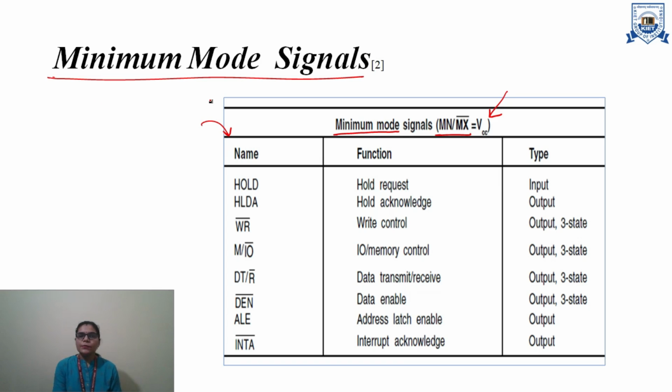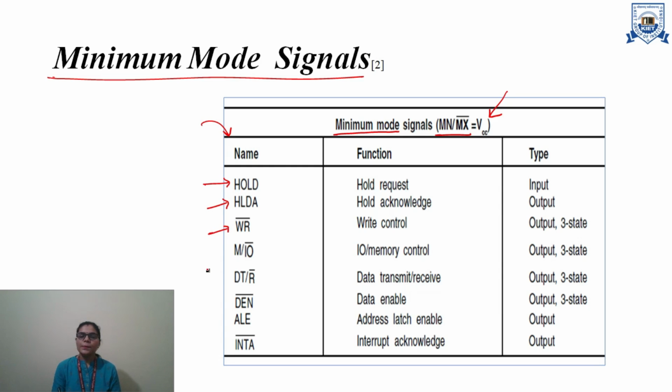Minimum mode signals have hold signal. Hold signal is for DMA request. HLDA is hold request acknowledgement. Processor acknowledges using this pin to the hold request.